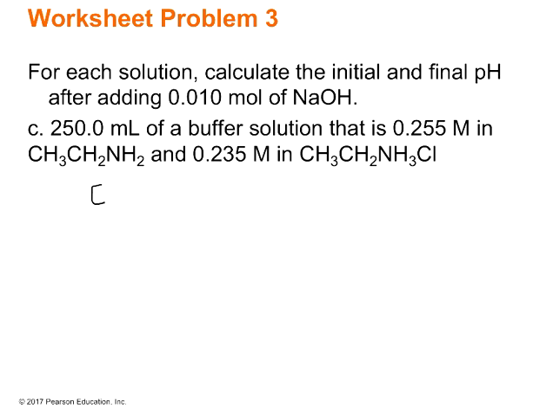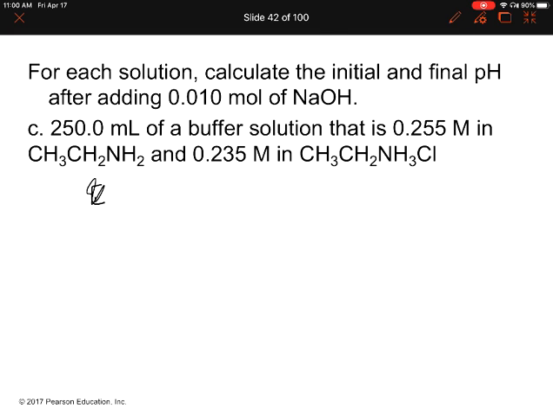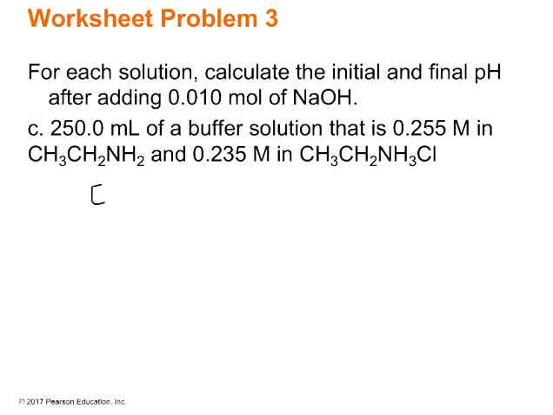Okay, so for part C, I would like you to try this on your own. And I will post the key to the worksheet for chapter 17, and then you can compare your answer.